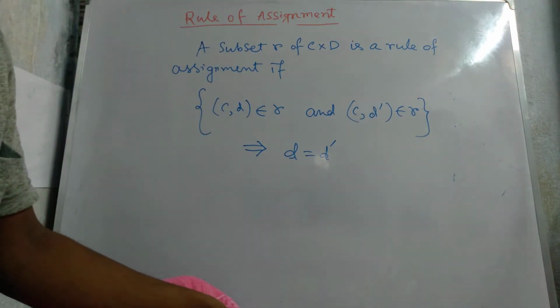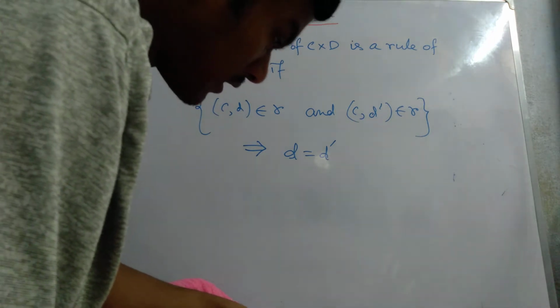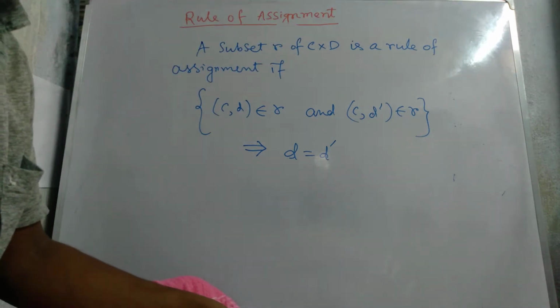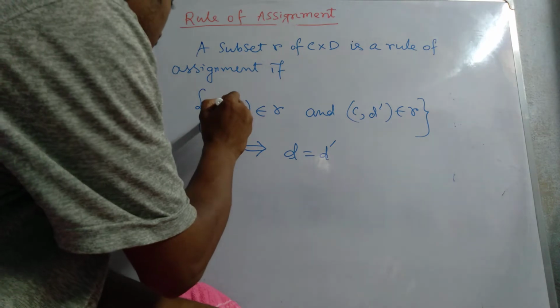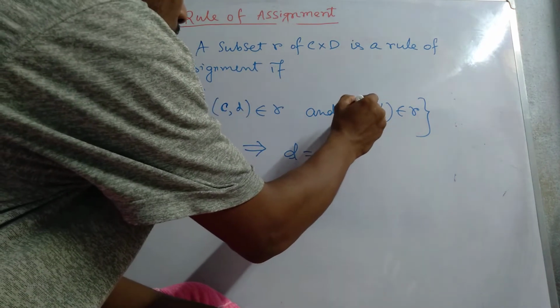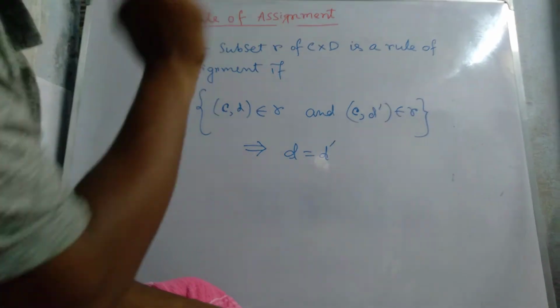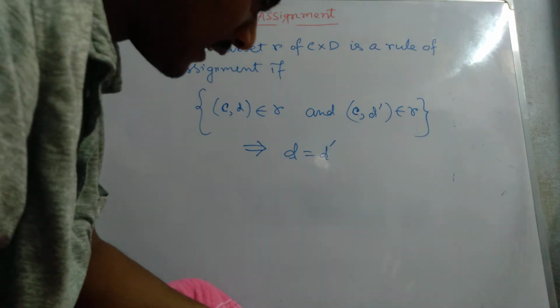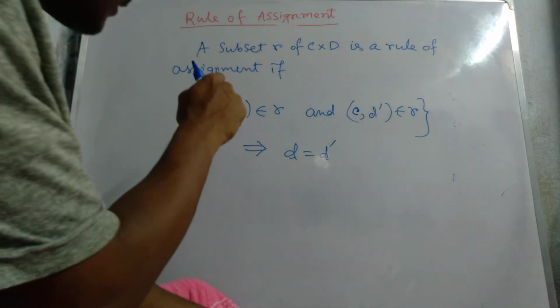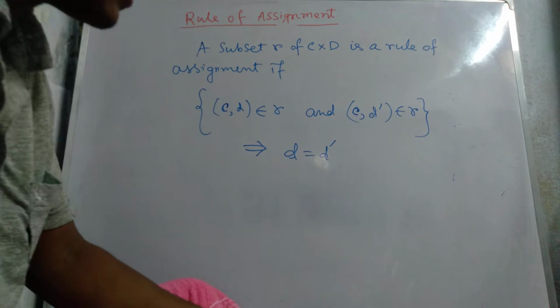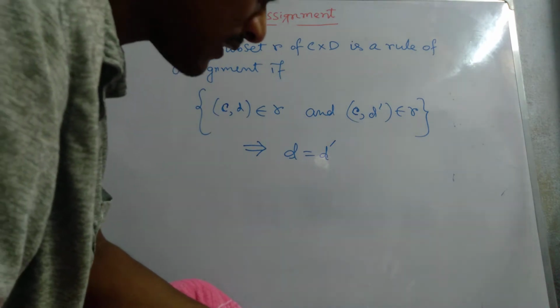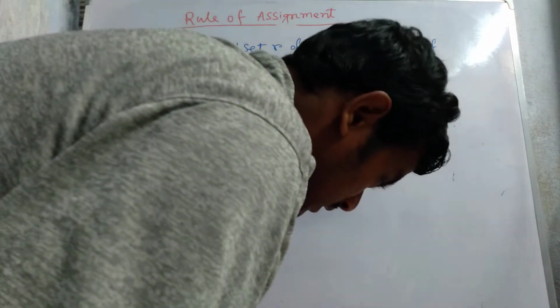That means if the first element of this rule of assignment is the same, then the second element is obviously equal.